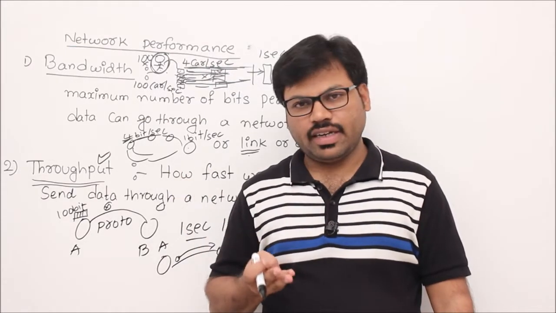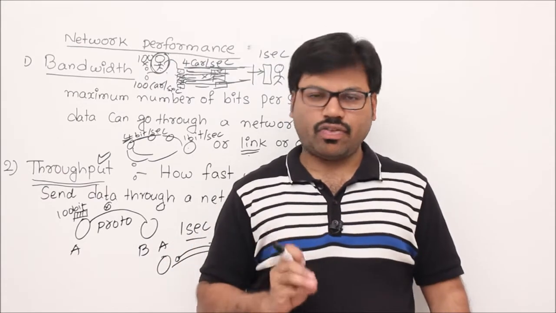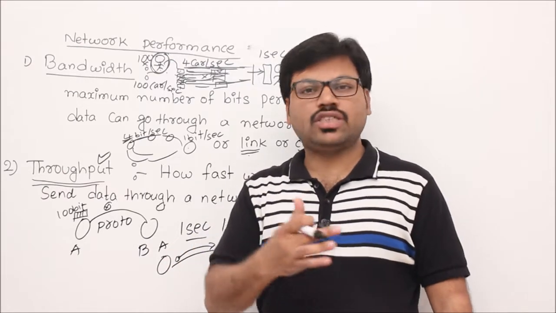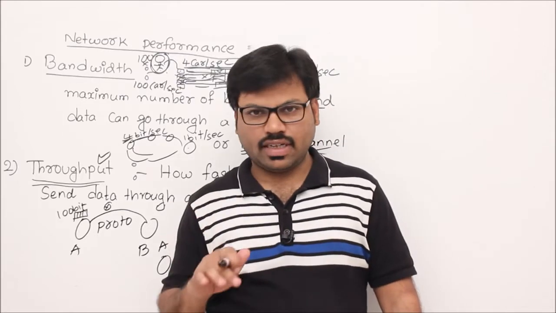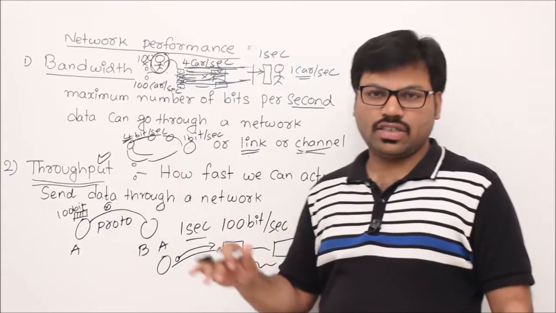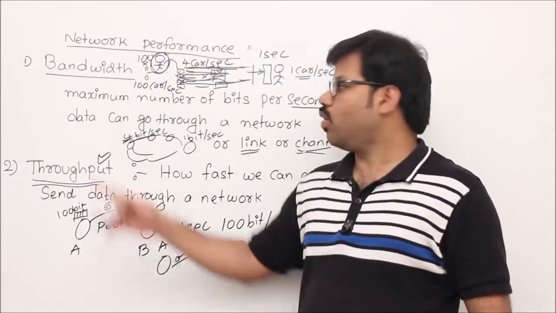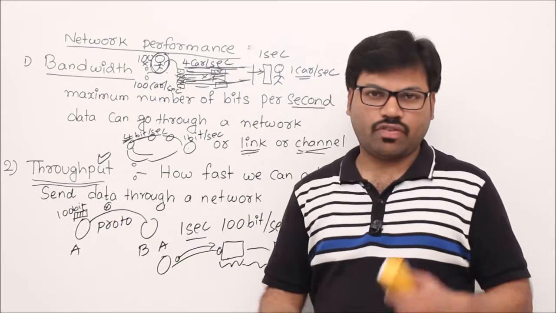What are they? Data link layer and network layer, everything. Because of all that software, at the end of the day, how many bits you get back per second is the throughput. Okay, so finally you understand what is bandwidth and what is throughput. We'll take some numerical examples and observe how to calculate bandwidth and throughput of some problems.